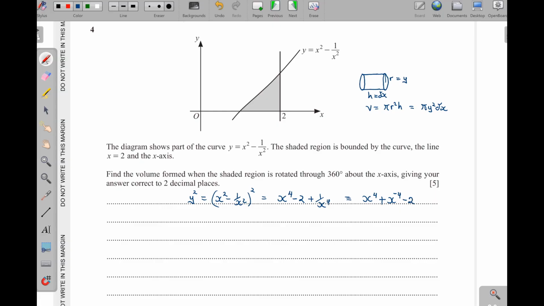So that means our volume, when we rotate about the x-axis, is going to be pi integral of y squared dx. So we need the x coordinates here.